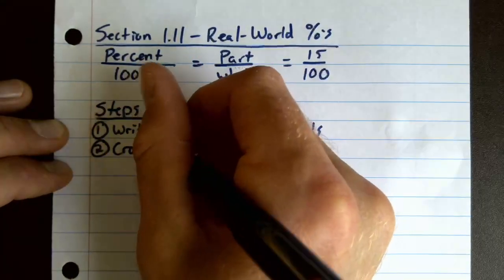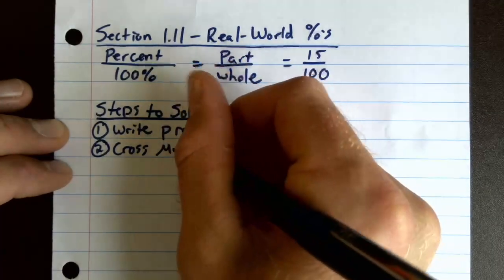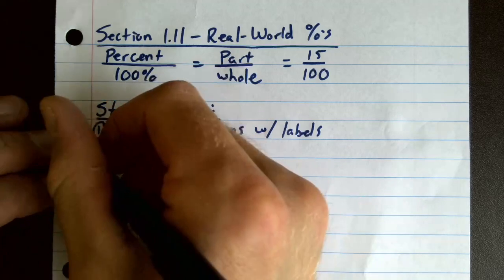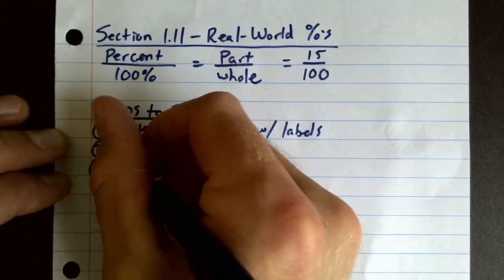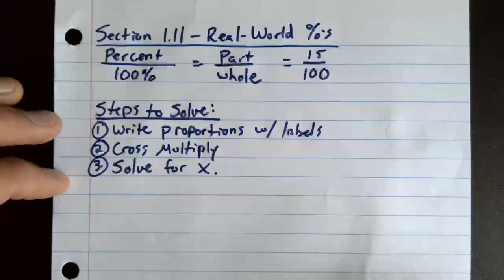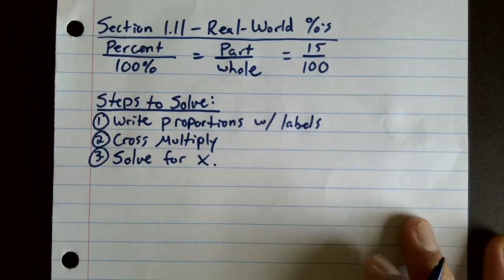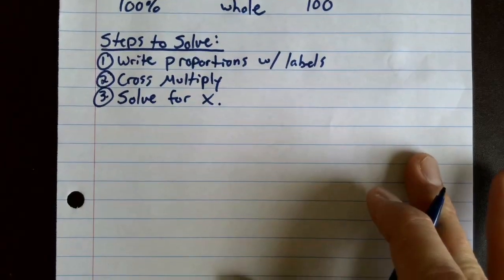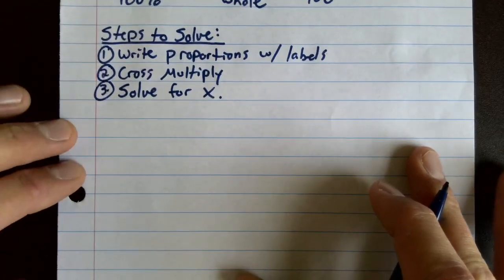I enjoy cross multiplication. This is fun. And step three is solve for x. So step one is write proportions with labels, step two is cross multiply, and step three is solve for x.